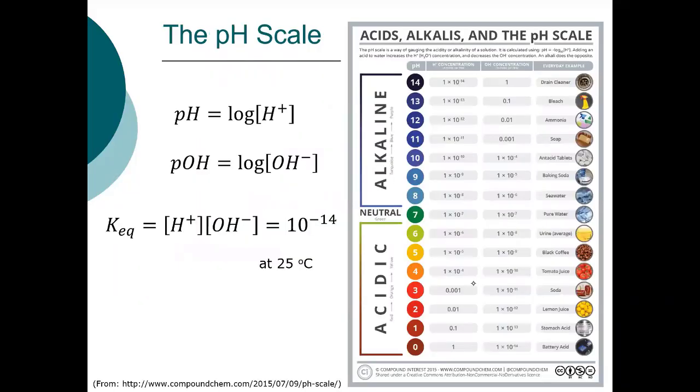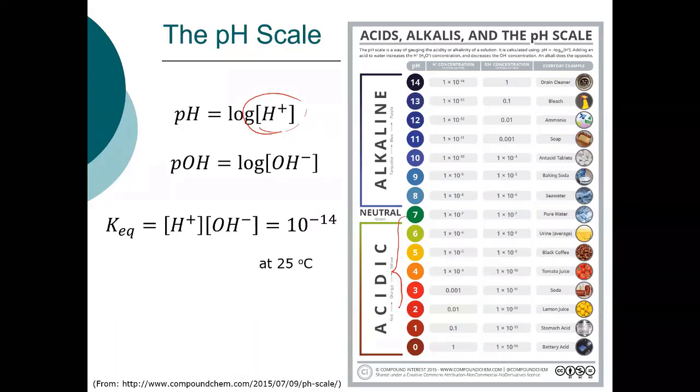Just a reminder in terms of pH, pH is the negative log of the hydronium concentration, that is H+, and waters that have a pH less than 7 are considered acidic. The pOH is the negative, and I forget, it should be a negative here that I missed. I apologize.